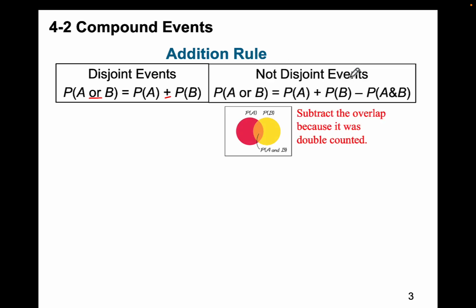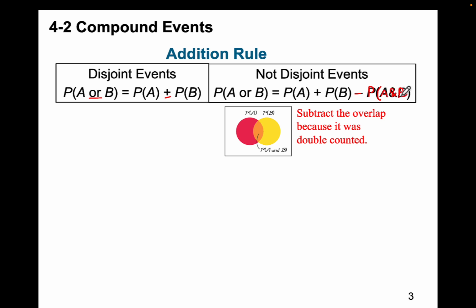Now, if our events have the probability of existing at the same time, so therefore there's this overlap, then we have to consider those what we call not disjoint events. And what we can see in the formula is everything's the same until we have to subtract out the probability of event A and event B occurring at the same time.